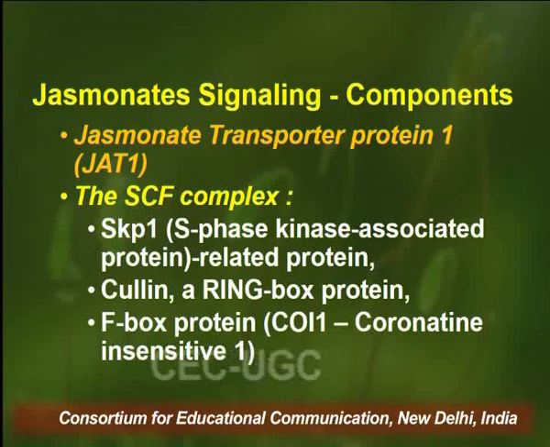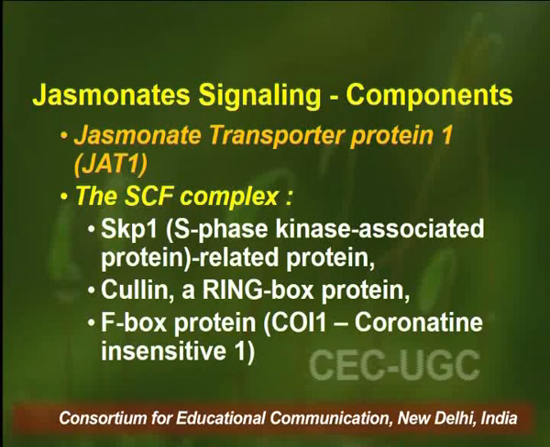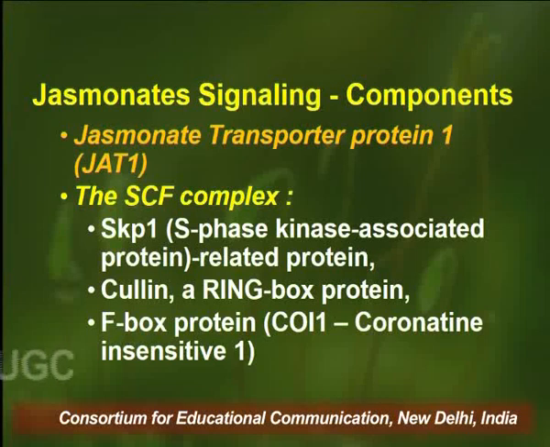And the third component is the F box protein, which is specifically for the ubiquitination of this complex, and an F box protein example is COI1 or coronatine insensitive 1. So this is the second major component of the jasmonate signaling pathway.